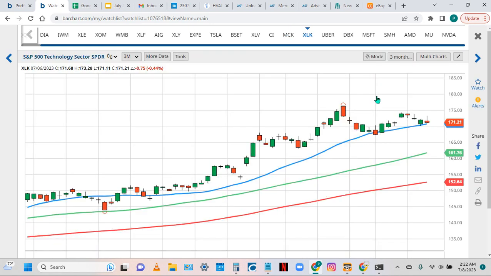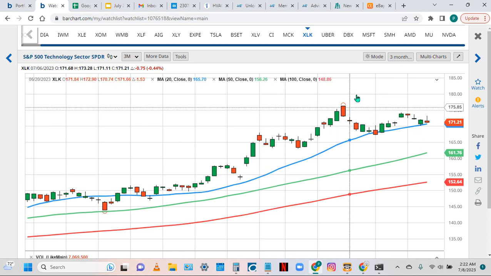Then we've got the technology sector, symbol XLK. Again, probably the strongest sector all year, next to communications and consumer discretionary. And you can see that they put in a new pivot high, but now it's made a lower pivot high.